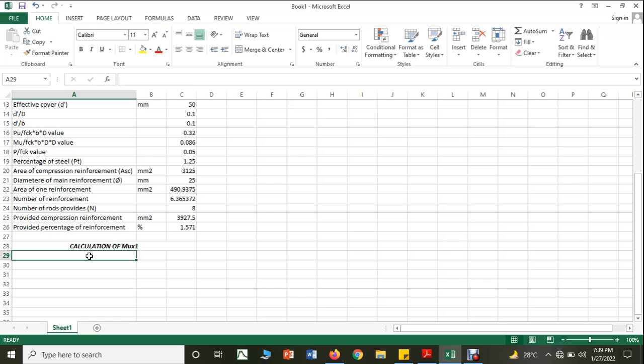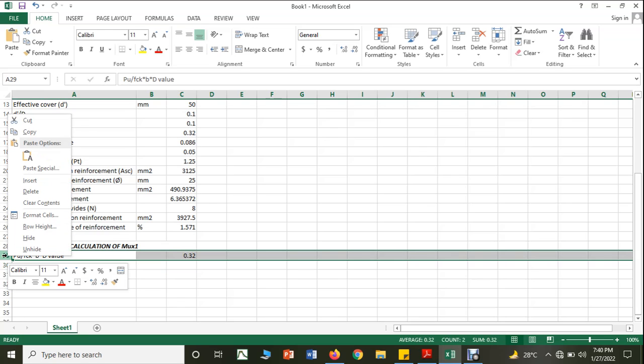Now in order to calculate Mux1, I need the Pu by fck bd value. This Pu by fck bd value will not change, it will be the same as this one. So I can directly write that Pu by fck value here itself. And I also need the d dash by D value or d dash by B value.